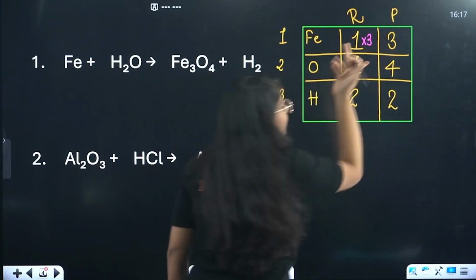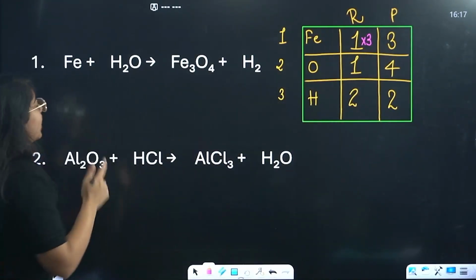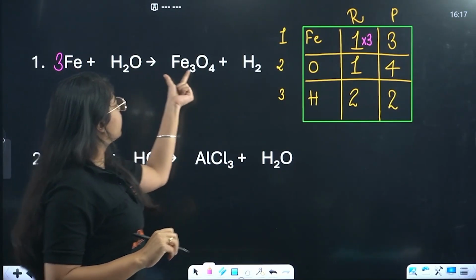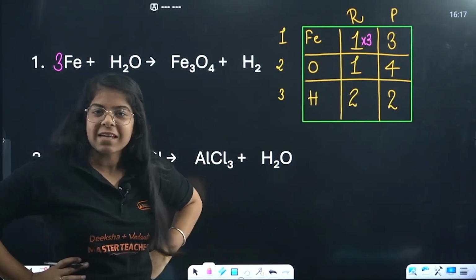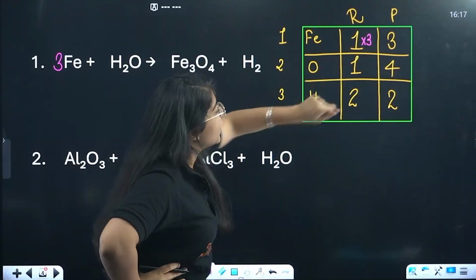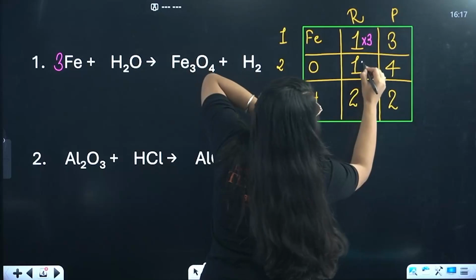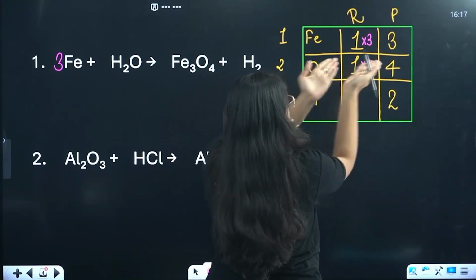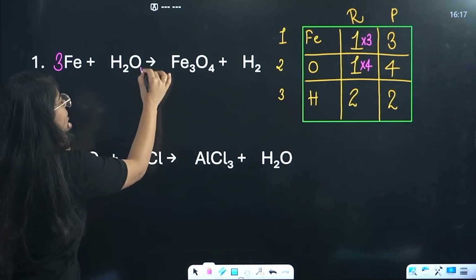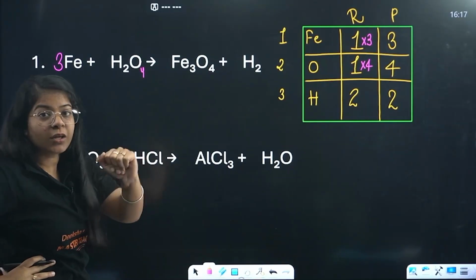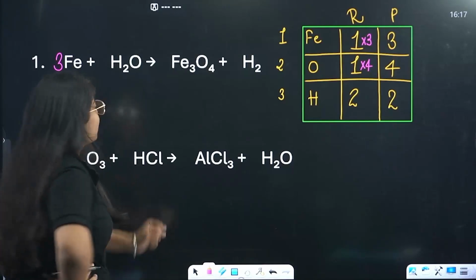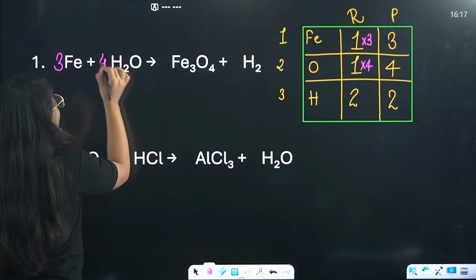Then iron will be 3 on the reactant side and 3 on the product side. Then moving on to oxygen: if I multiply 1 by 4, oxygen is 4 on the reactant side and 4 on the product side. But you cannot make fun of nature, so I have to put the 4 here.